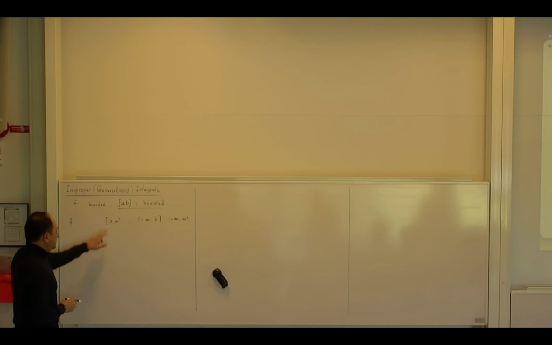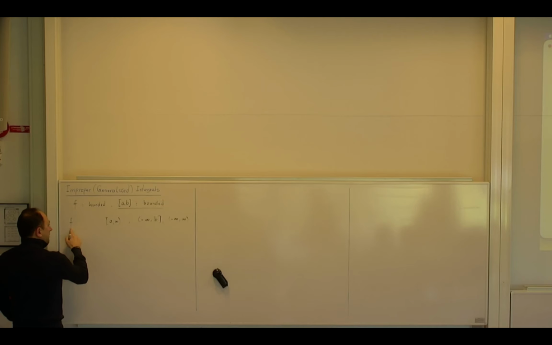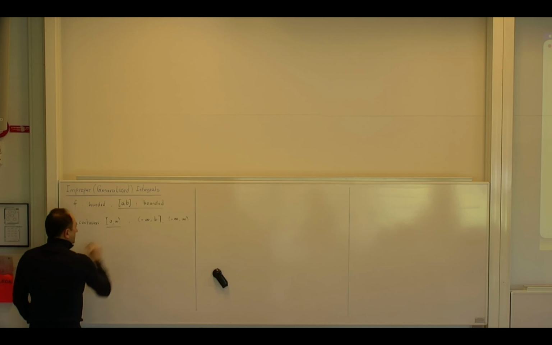So let us start with this one. Let us say that f is a function which is continuous on this interval. In principle, you can replace it by the word integrable, but I don't want to make trouble for you. For your course, it is enough to consider that f is continuous and the interval is given like this.